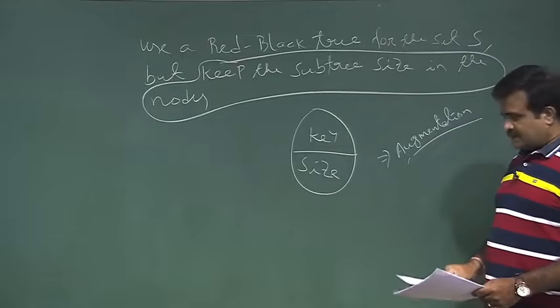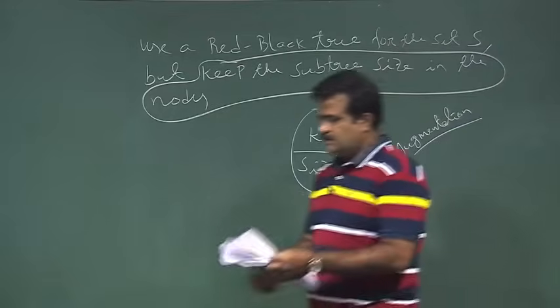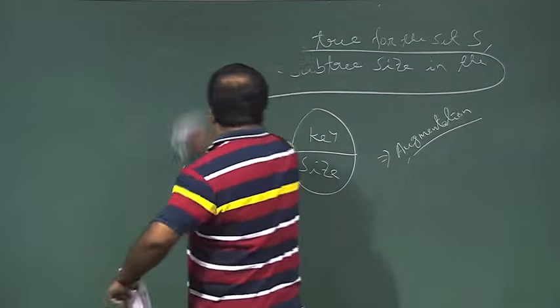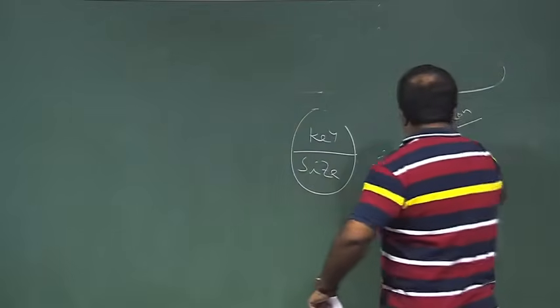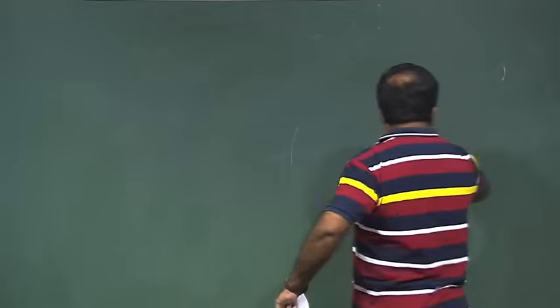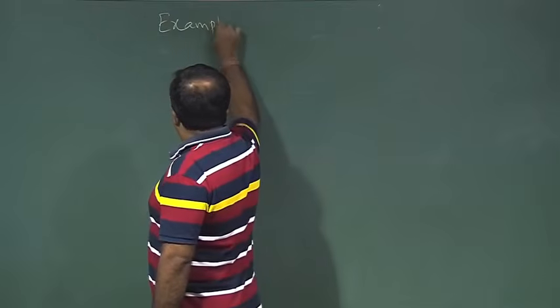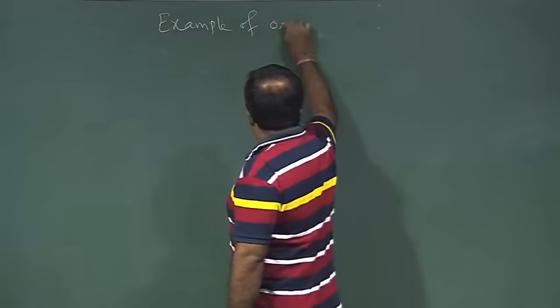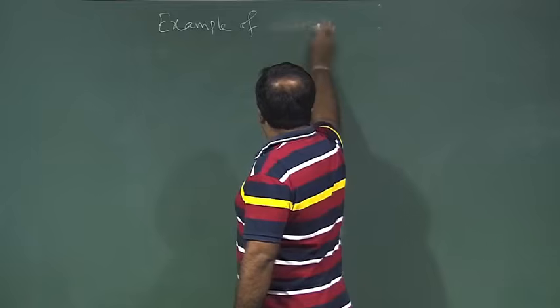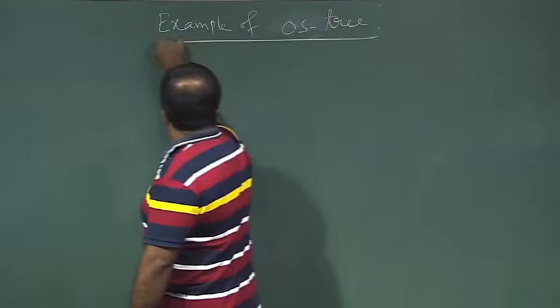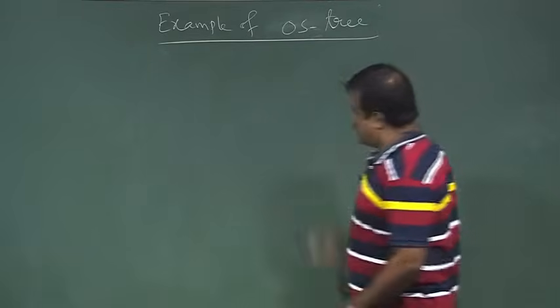Okay, so let us take an example. This is called an order statistics tree, we can say. This is an example of such a tree, which is basically a red black tree.